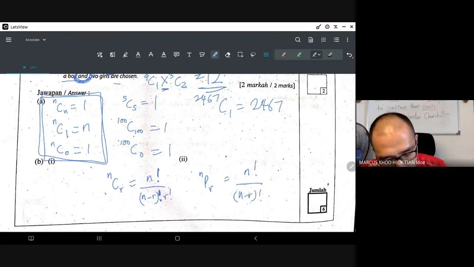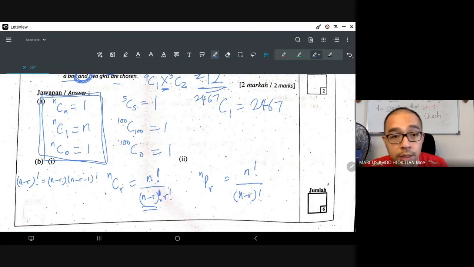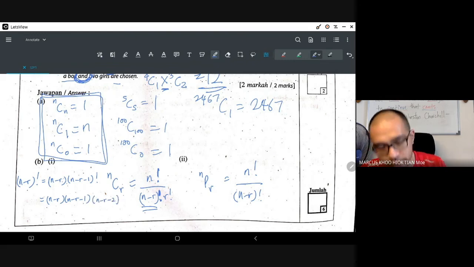Just one thing to note, n minus r factorial is equal to n minus r times n minus r minus 1 factorial. I don't know whether this makes sense. Or n minus r minus 1 times n minus r minus 2 factorial.